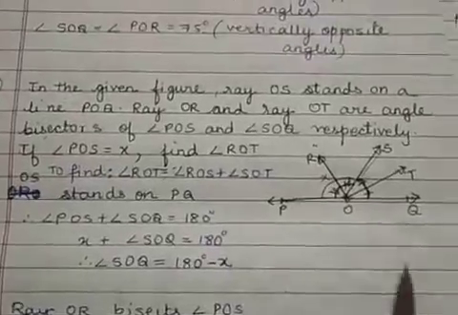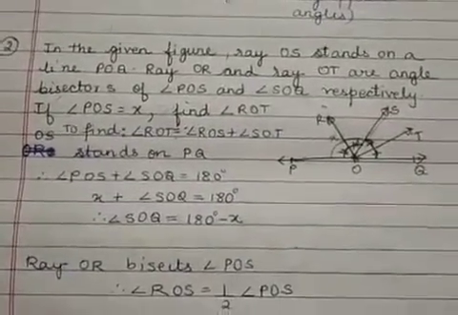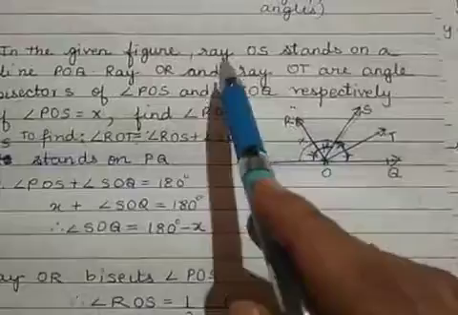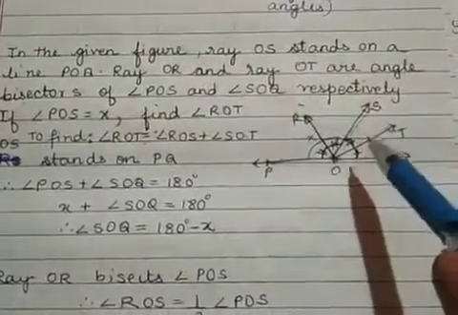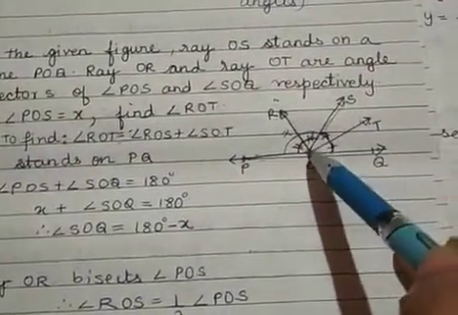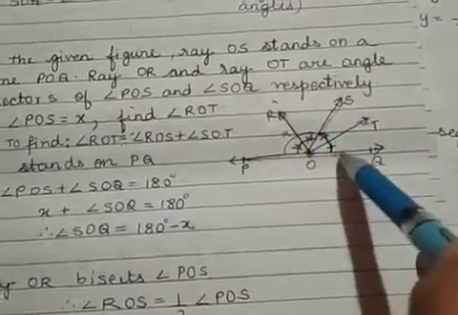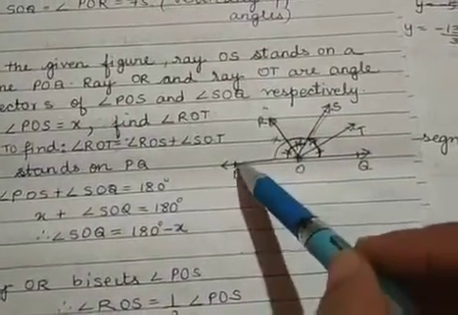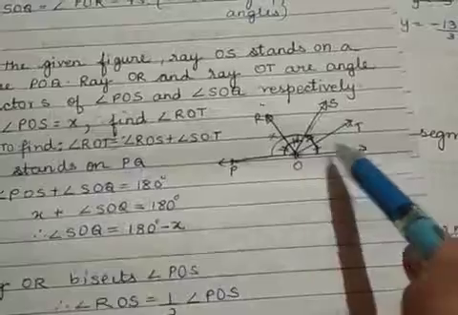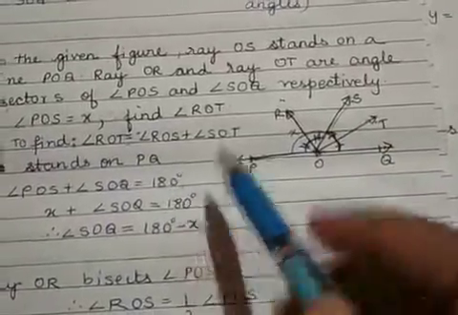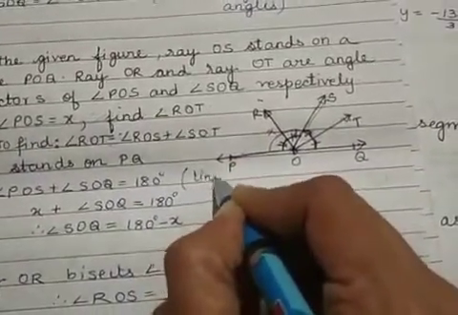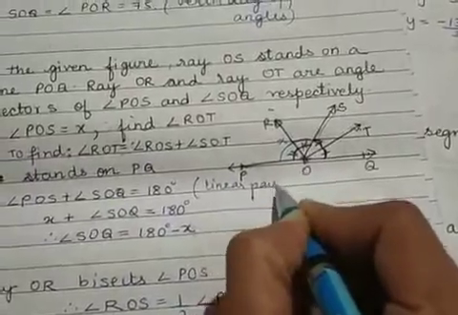So now we will find what is required by using what is given to us. It is given that ray OS stands on line POQ. So if ray OS stands on line POQ, then angle POS plus angle SOQ is equal to 180 degrees because they form a linear pair. Right?